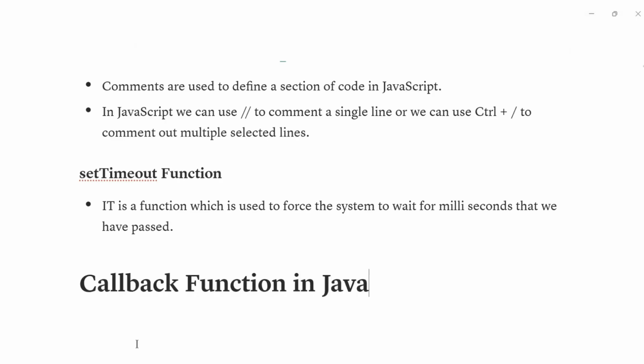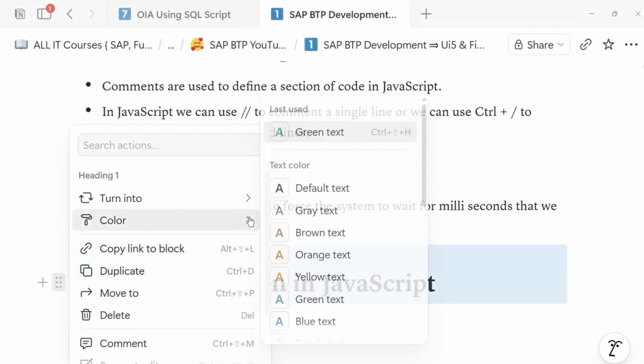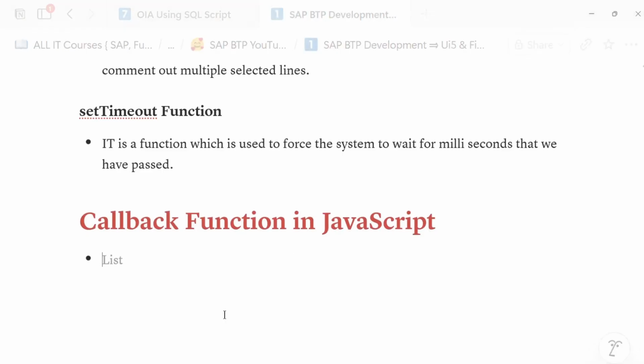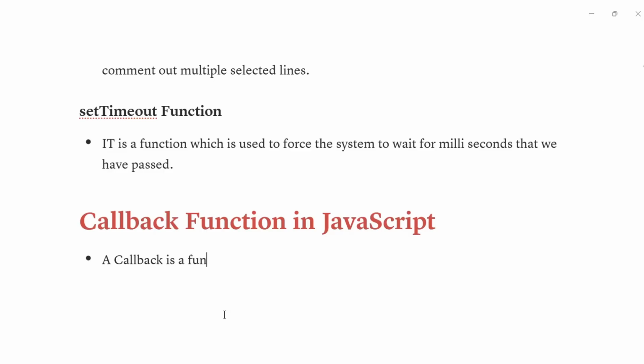Then after this, we have a very important function called a callback function in JavaScript. A callback is a function passed as an argument to another function.